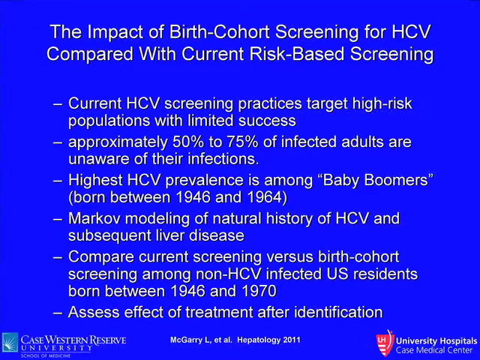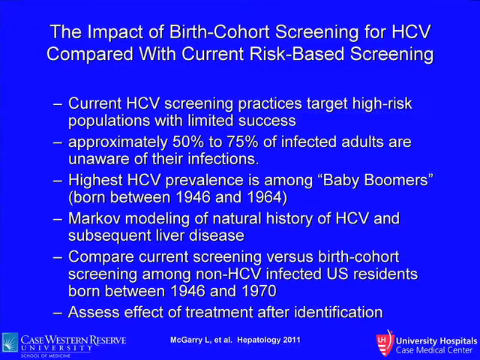The first was initially reported at this year's DDW and is now published in last month's Hepatology, for those who wish to read it. This basically breaks down the impact of birth cohort screening for hepatitis C compared to risk-based screening.